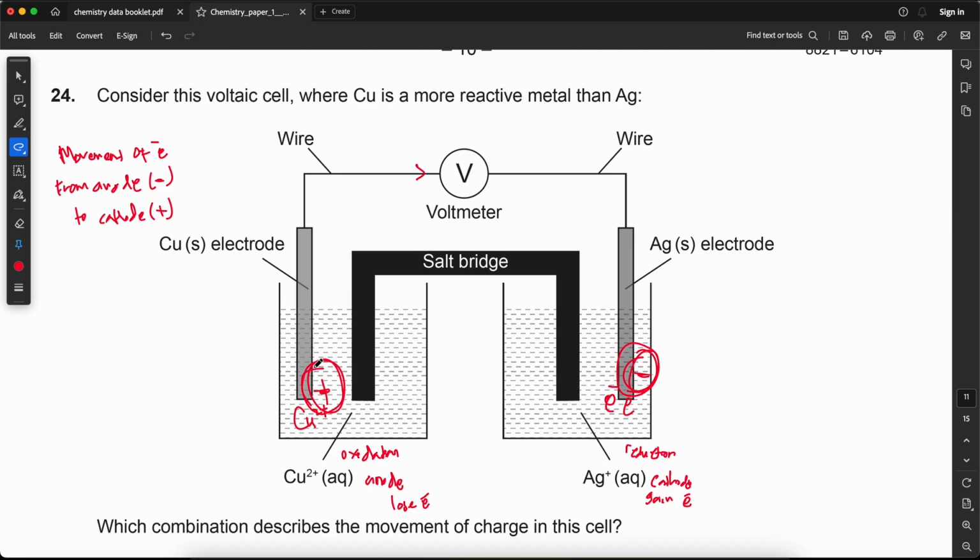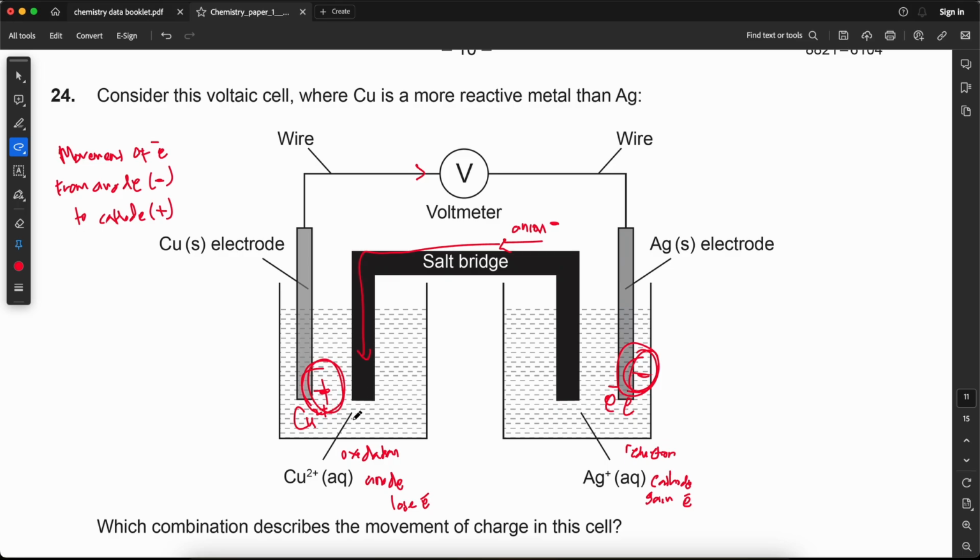So negative ion, okay, an ion exists to balance the flow of the charge at the anode, sorry. So this one is negative, so it goes towards here because this one is 2 positive.